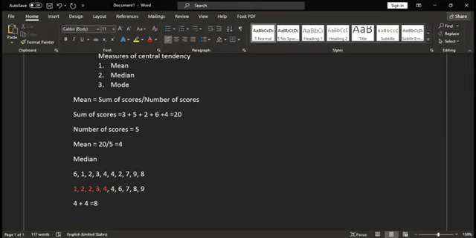They are just two numbers, so the number of scores here is 2. The mean is 8 over 2, which gives us 4. So the median of these figures is 4.